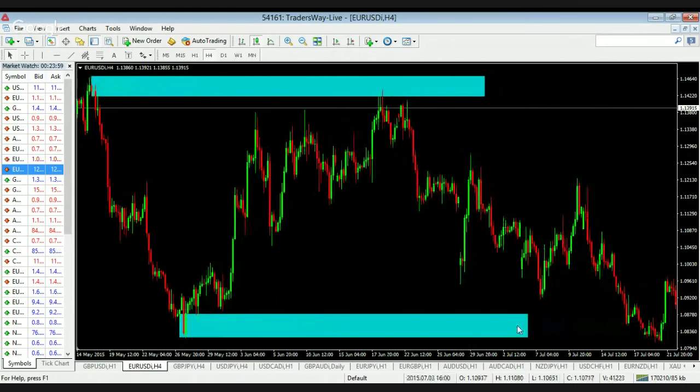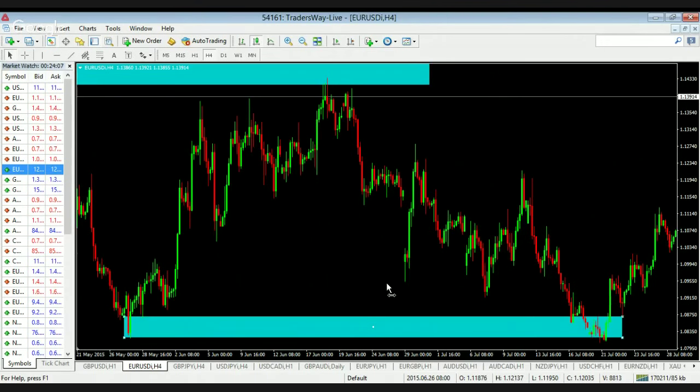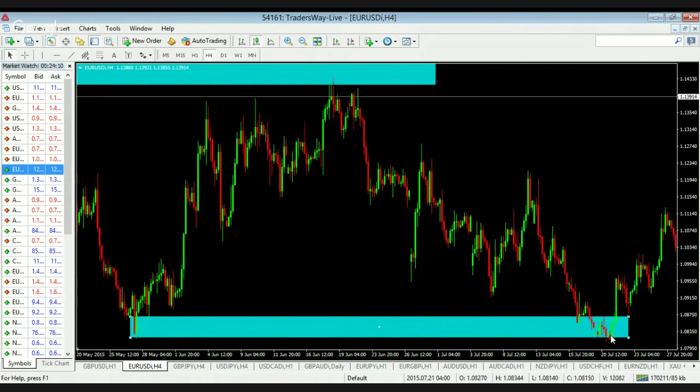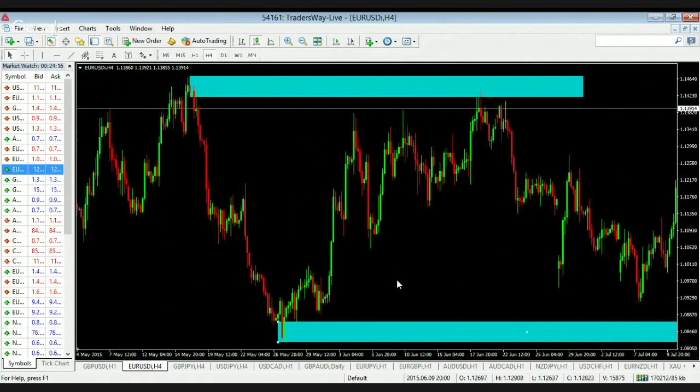Now if we stretch this out, boom, you can see how in the future price came back down here, touched this demand zone area, and then shot back up. One of the key features you're looking for, whether it's supply or demand, is for the trend to end, hit a base, and then an engulfing candle.